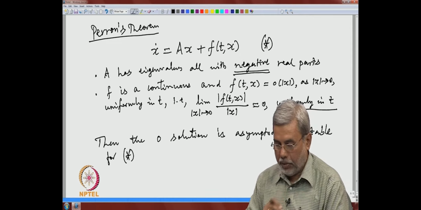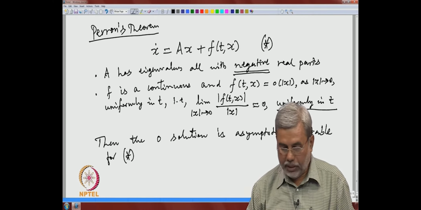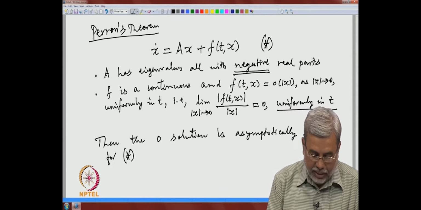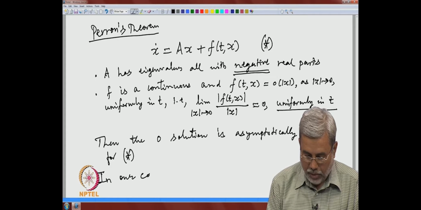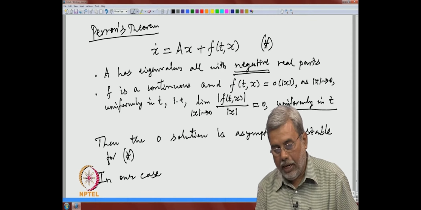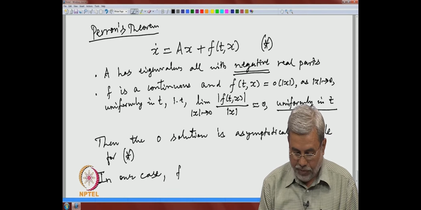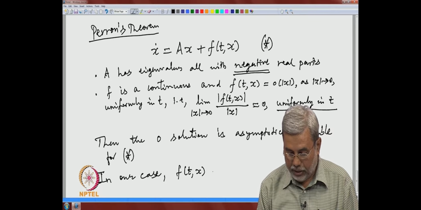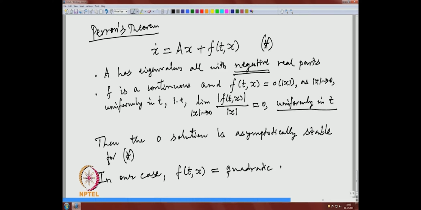There are two steps. So, proof. Let me just indicate a proof of this, and in our case when we want to apply the linear stability analysis, f(t, x) does not depend on t, this is just quadratic in x.